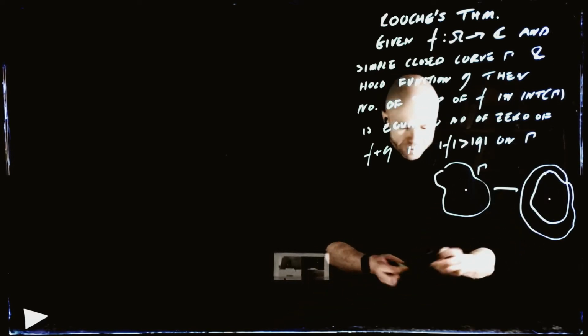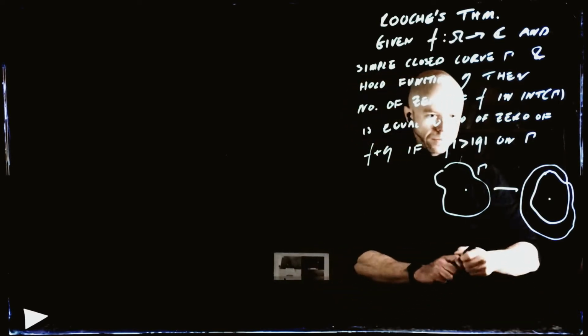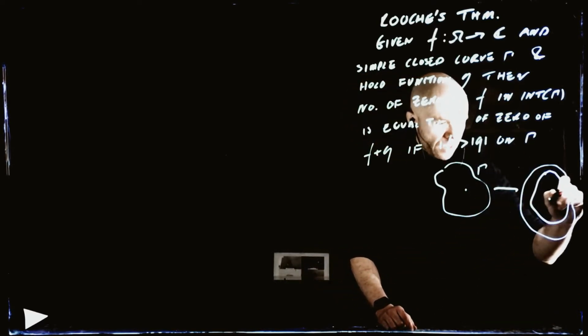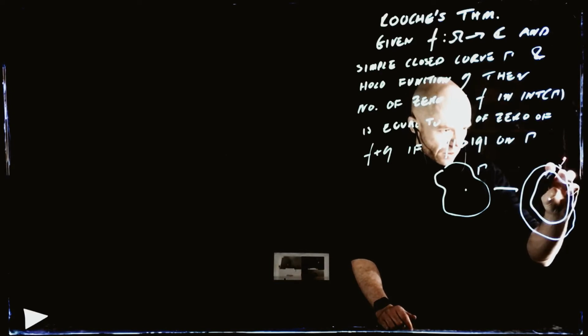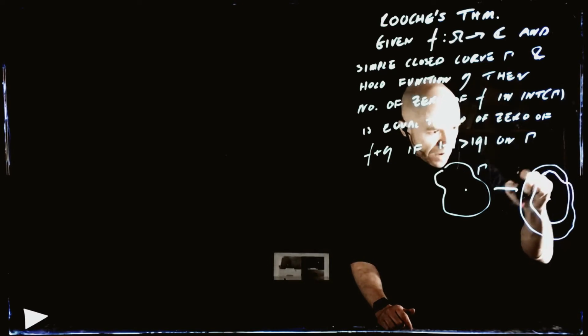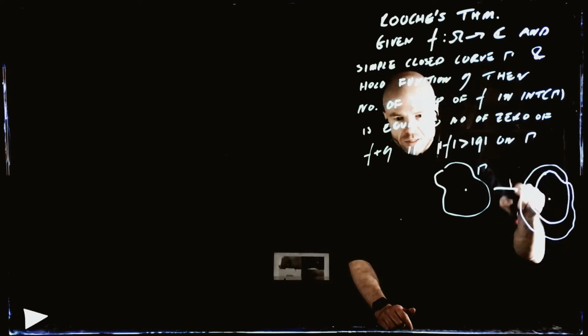And if f plus g is such that whatever point we're at, f plus g is closer to the path than to 0, so it's forced to wrap around the same number of times around 0.